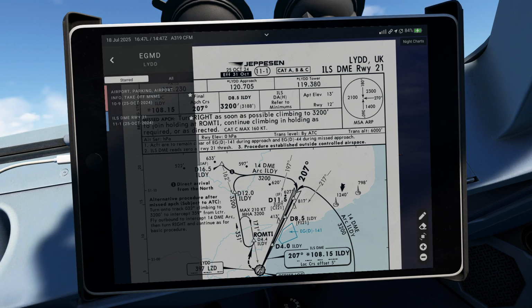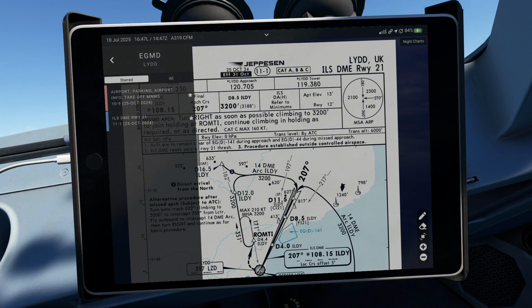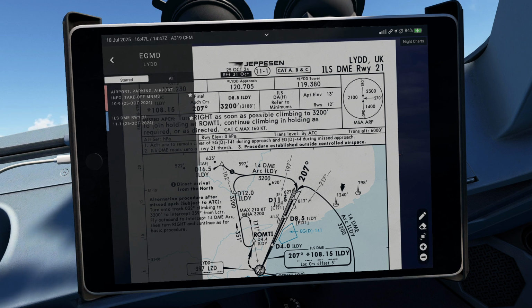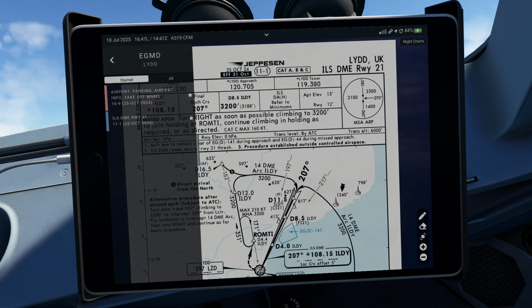At first, ICAO versus state AIP flexibility. ICAO Document 8168 recommends that for an ILS to be considered precision, the localizer must be within 3 degrees of the runway centerline.